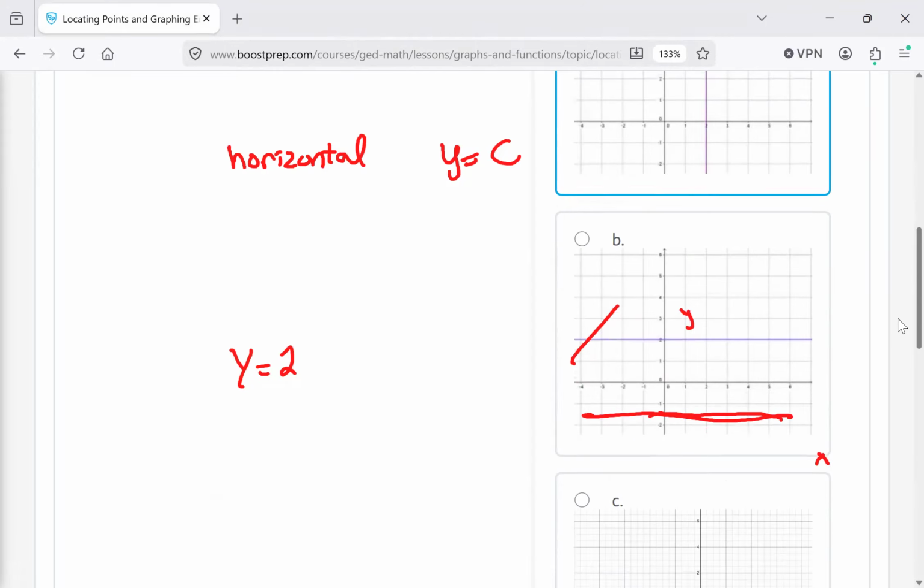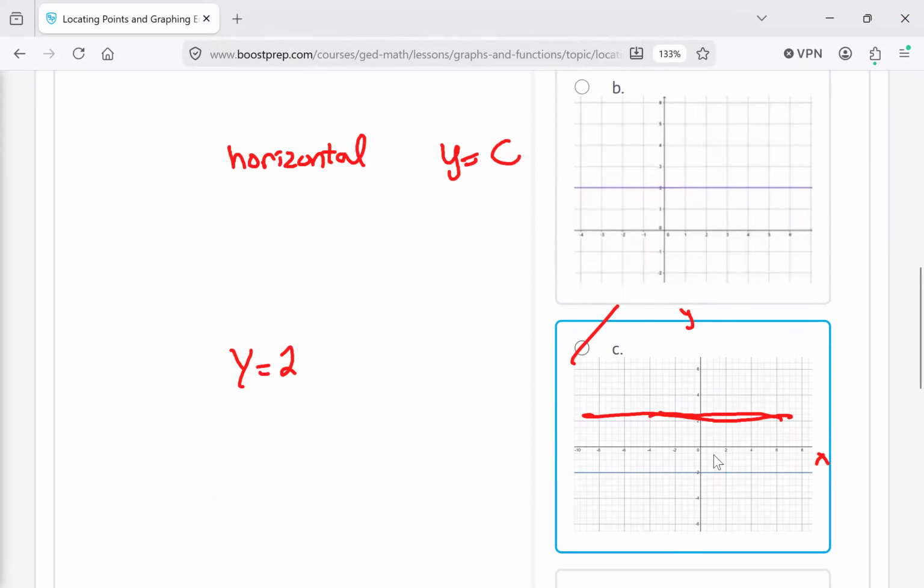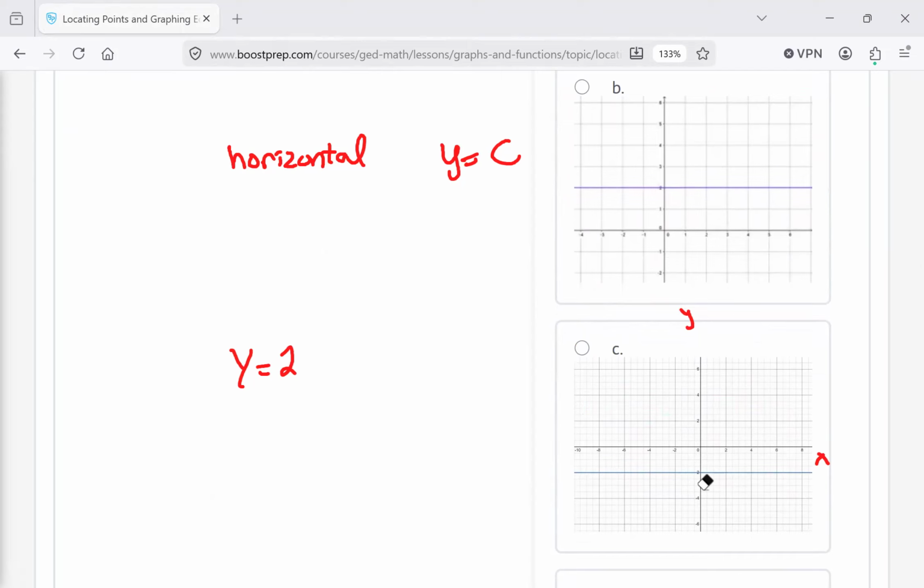Let's just keep on trying. Let's see C. No, it's not C because the blue line is your line. This is your origin right here. And as you can see, it's at negative 2, so that can't be it.